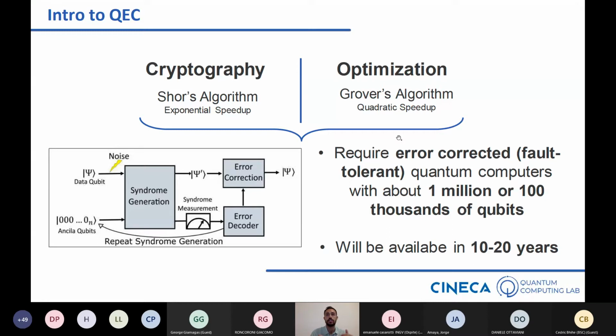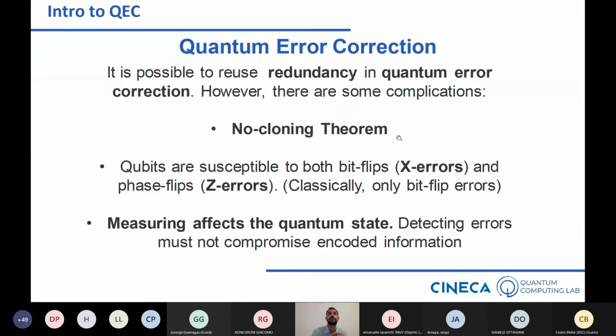The research going on today is basically on this topic: understanding what a quantum computer that is not error corrected can do. However, let's forget about this and focus on error correction. The concept of redundancy, the no cloning theorem, correcting errors, and taking into account that measurement affects the quantum state are the topics of this last hour.